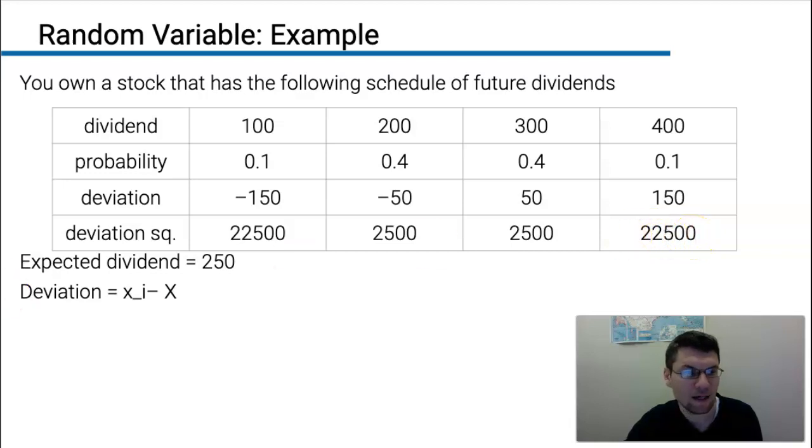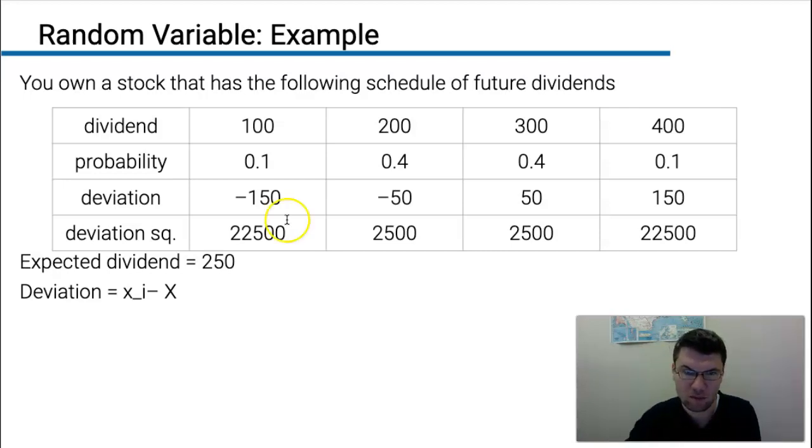And then I'm going to take a next step and I'm going to calculate expected square deviation. So I'm going to take these values of the square deviation and multiply them by the corresponding probability. Because remember, my ultimate goal is to calculate how spread out the values of the random variable are around its expected value.